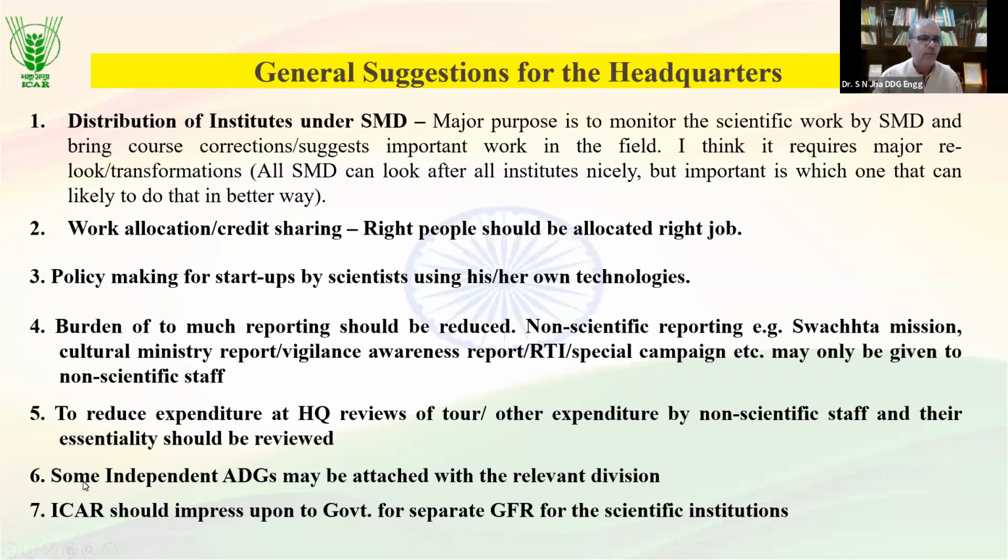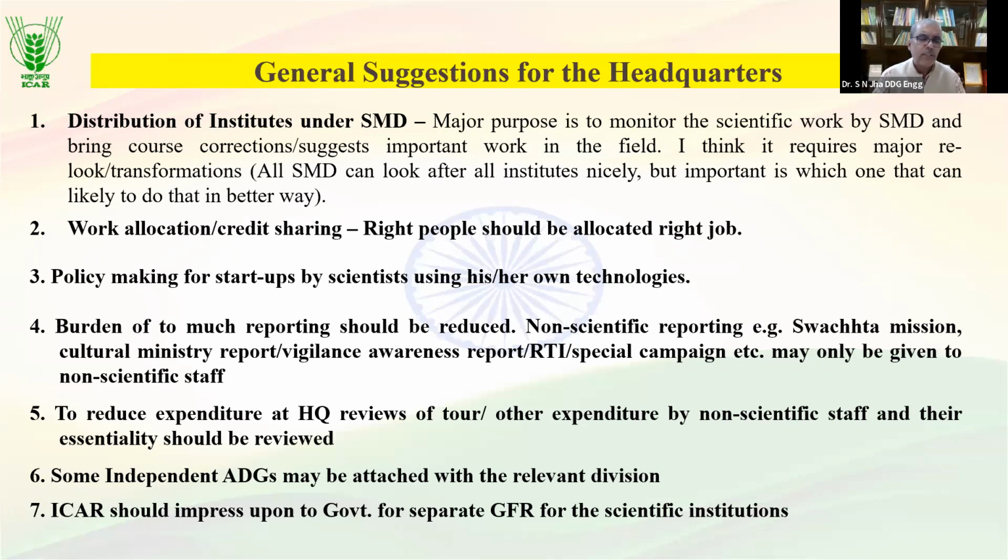Policy making for startups. The burden of so much reporting should be reduced for scientists. Non-scientific reporting, for example Swachhta Mission, Cultural Ministry report, Vigilance Awareness report, RTI, special campaigns, a lot is coming. We are engaging our scientists, heads of departments and many more. Can a nodal officer be given from the non-scientific staff?